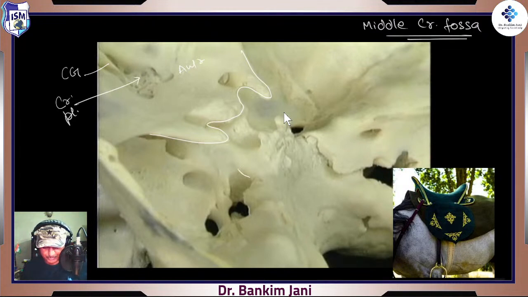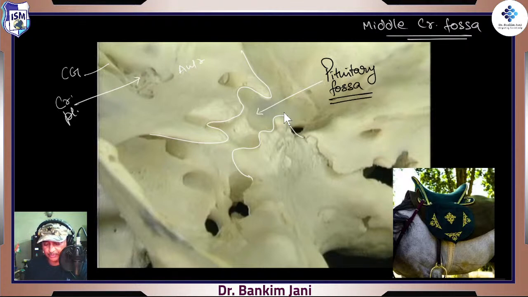And over here, these are the structures which are lying. This is nothing but the pituitary fossa, that master gland that will be residing over here. This is the address of the pituitary fossa.